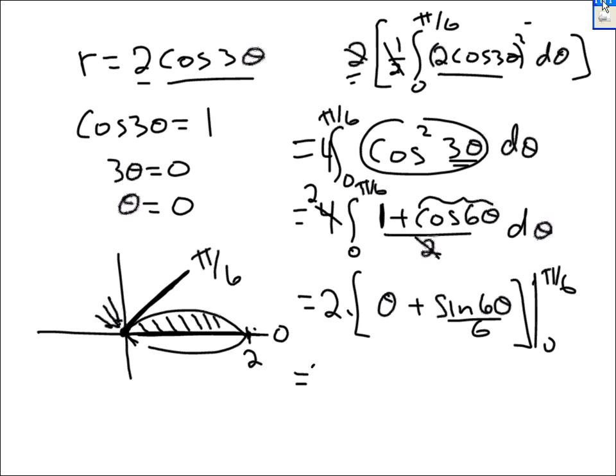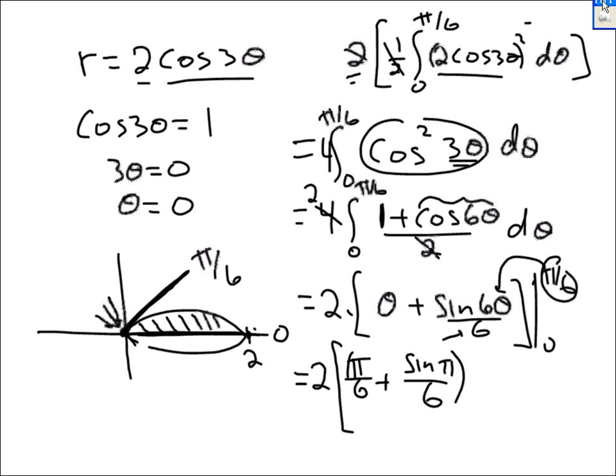First we plug in pi over 6, factoring out that 2. You get pi over 6 plus something over 6. Well, 6 times pi over 6 is pi, so you get the sine of pi.